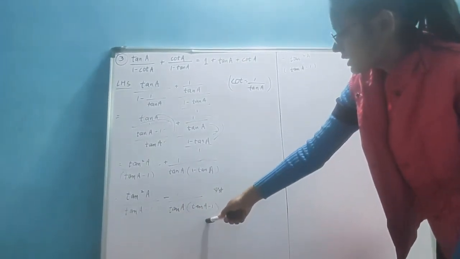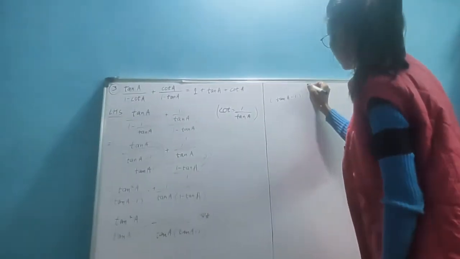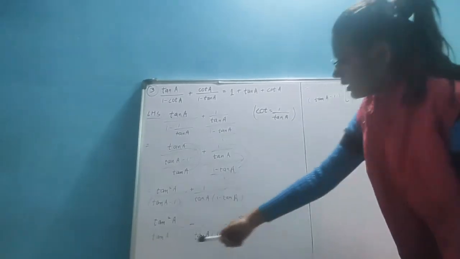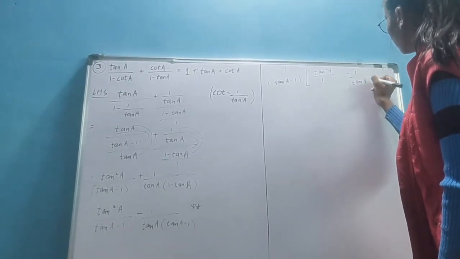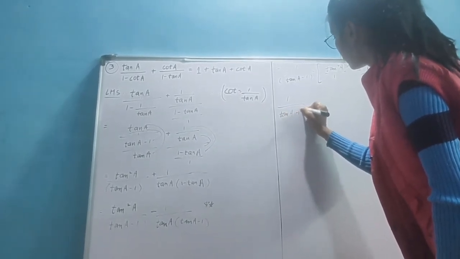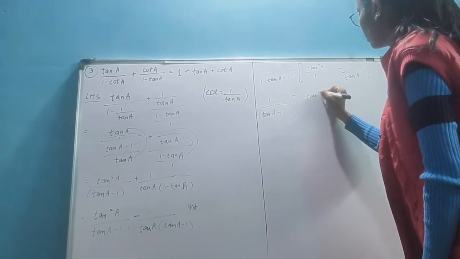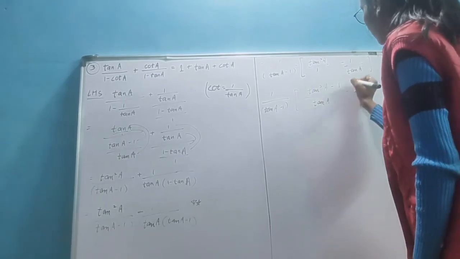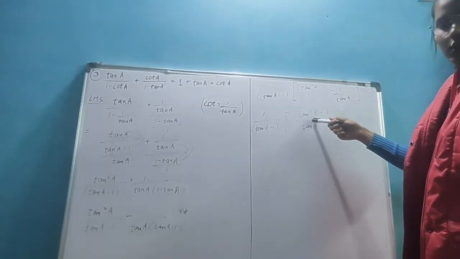Tan A minus 1 and tan A minus 1, I am going to take this common. So here 1 upon tan A minus 1 is common, and tan square A upon 1 minus 1 upon tan A. Again, by cross multiplying, we will get tan cube A minus 1 upon tan A. It is also an important step, as we are going to convert it into an identity, which is A cube minus B cube.